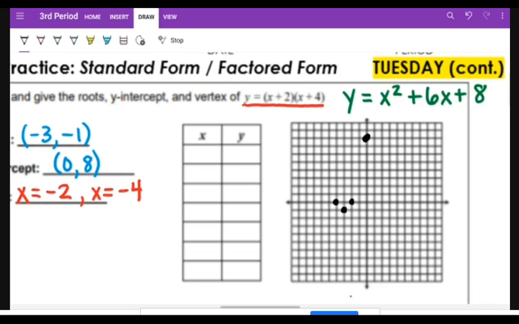We could use the fact that it's symmetrical to find one more point over here at -6, 8, because it has to be exactly the opposite of the y-intercept. And draw your parabola. And voila.